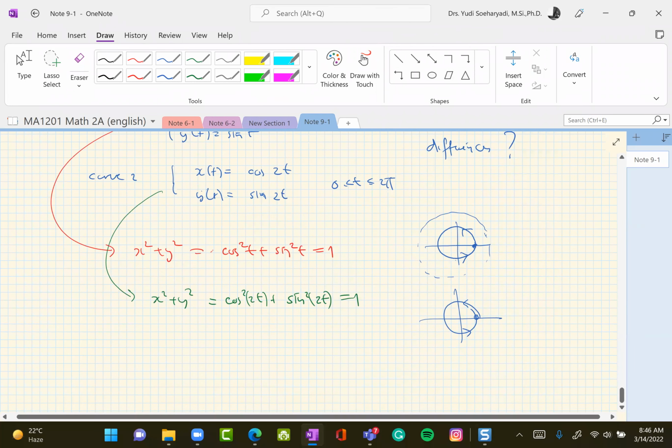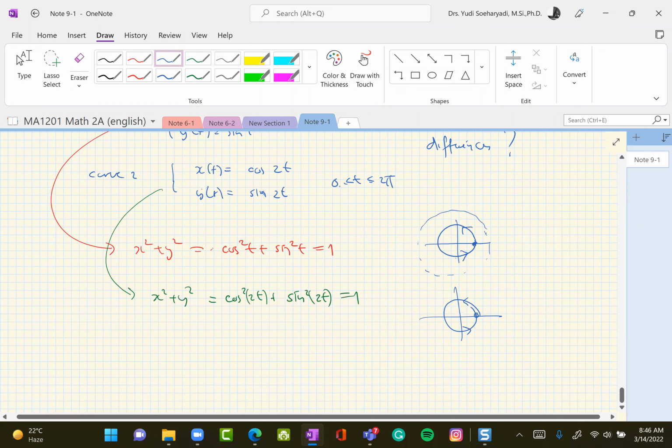All right. So what about this one here? If you look at the initial and terminal point, the end point, you always get the same thing here. Yeah. So what's the difference? Do you see any difference between 1 and 2? The motion now. Think of the motion.